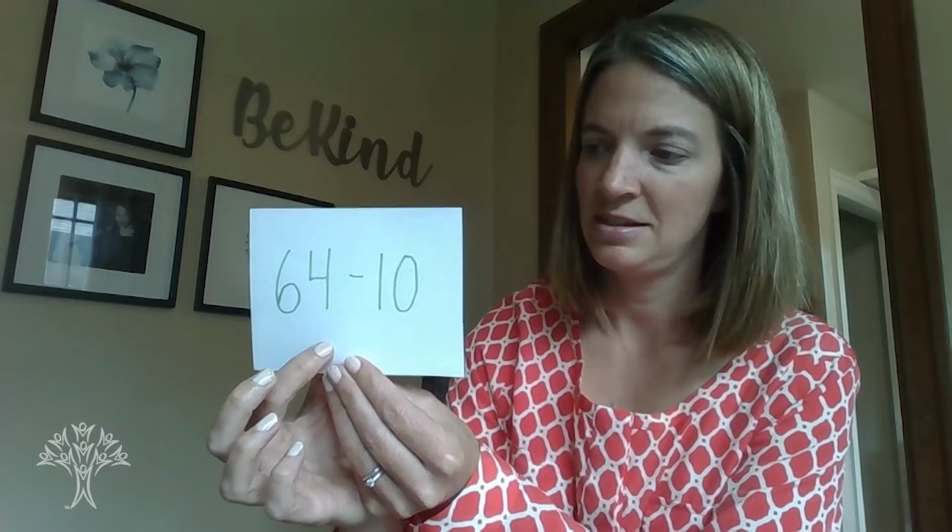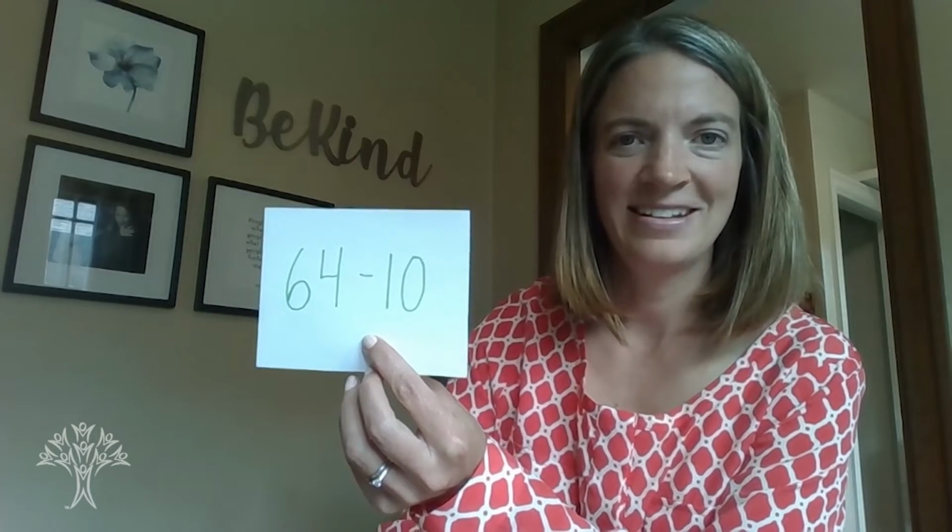So you can picture those 6 tens and the 4 ones, and if we take one of those 6 tens away, we get 54. All right, 28 minus 10. 18. You got it. Awesome job, first graders.